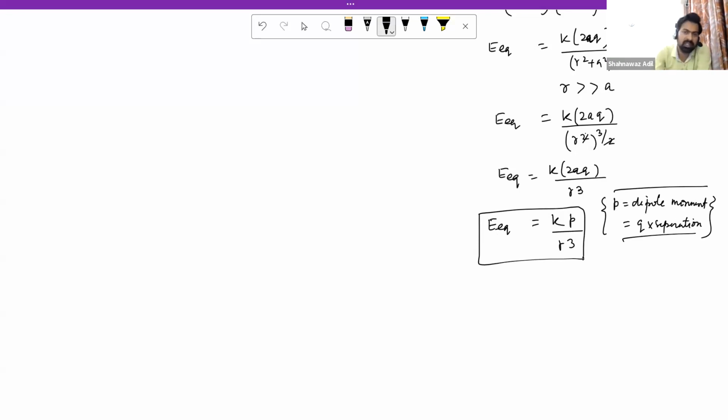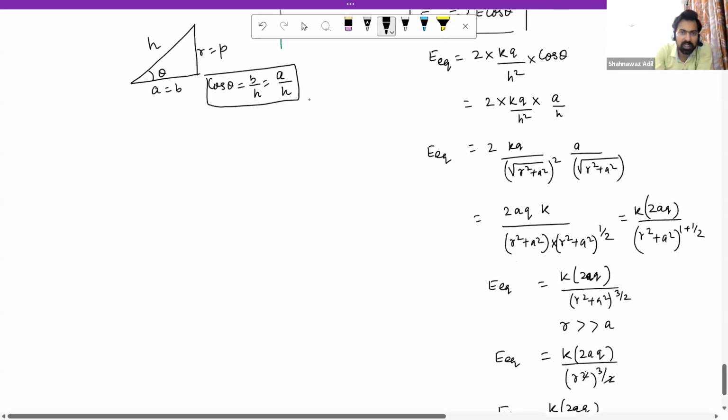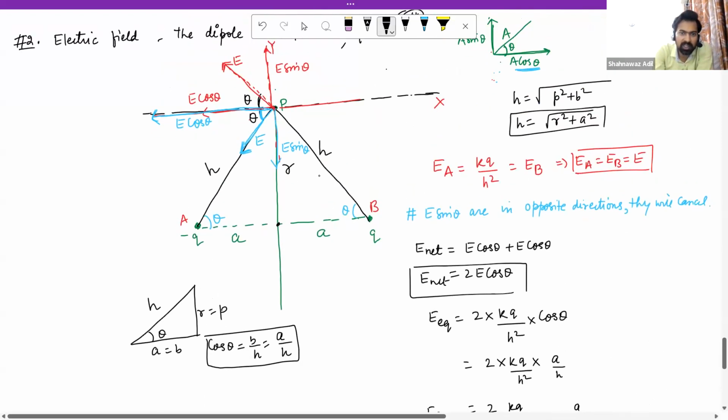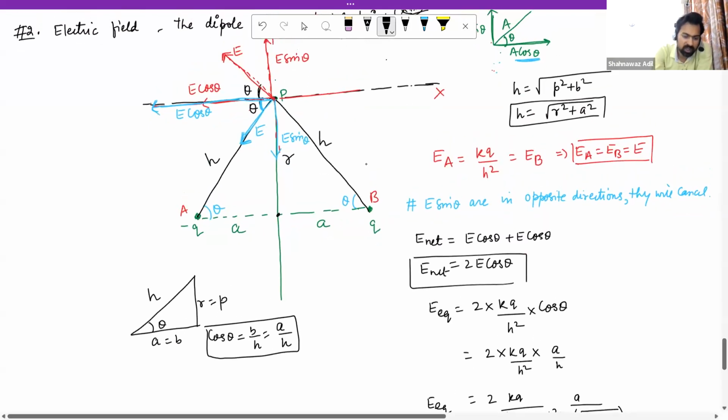And you see that, can you tell me in this diagram, what is the direction of dipole moment? For this AB dipole, what is the direction of dipole moment? Do you remember?